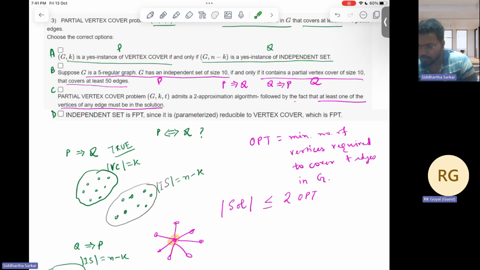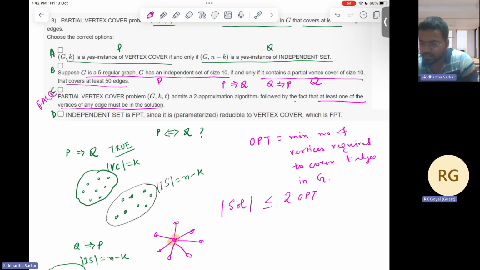So in that sense, finding a two approximation like this is not possible. We're not ruling out a two approximation for the partial vertex cover problem, but because of this fact, this two approximation is not correct. So this is not true. We'll mark it false.